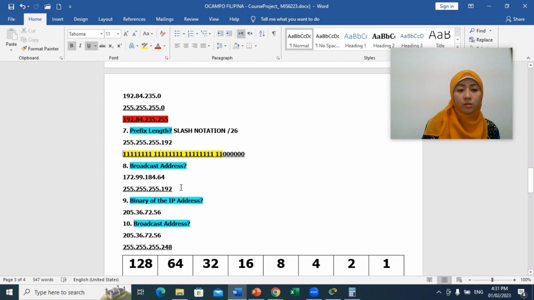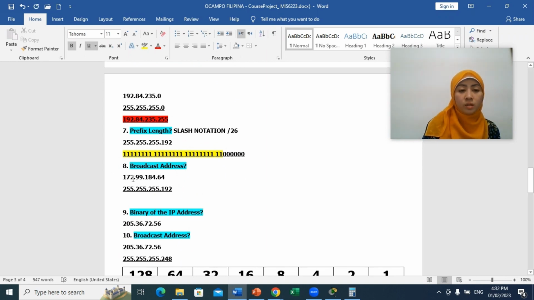So again, to do that, we will bring down the corresponding values of 255 here. So 172.99.184. And then 192 and 64, they are not the same. So we will need to get the value of 64.